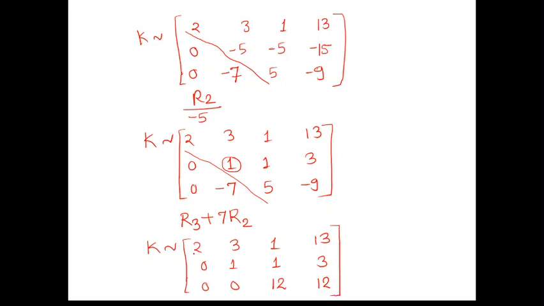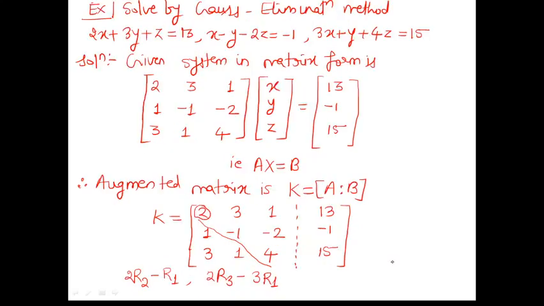In this way we get all elements below the diagonal as 0. So I can make use of this in equation 1 in order to get the solution.